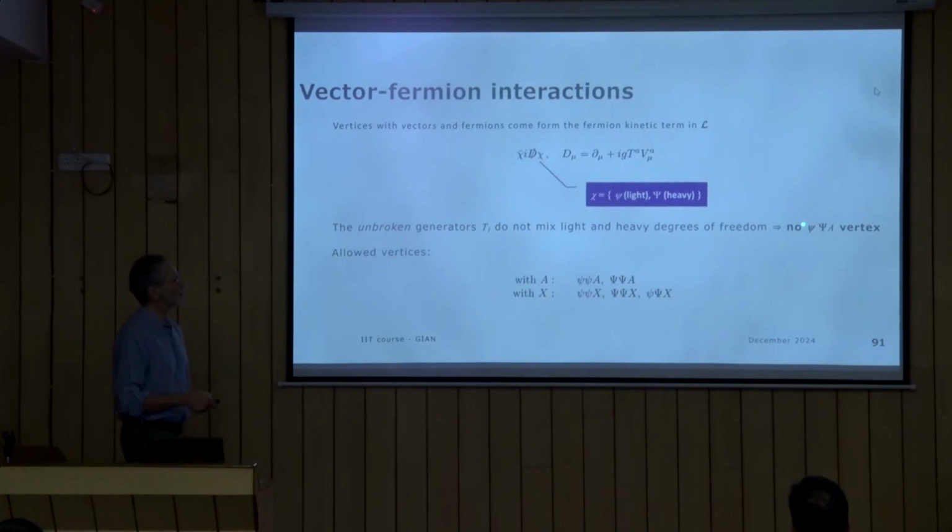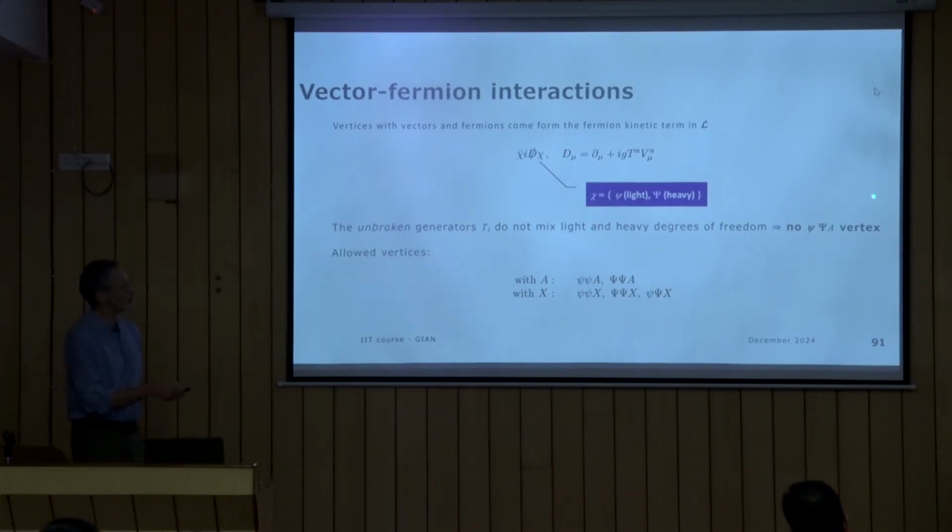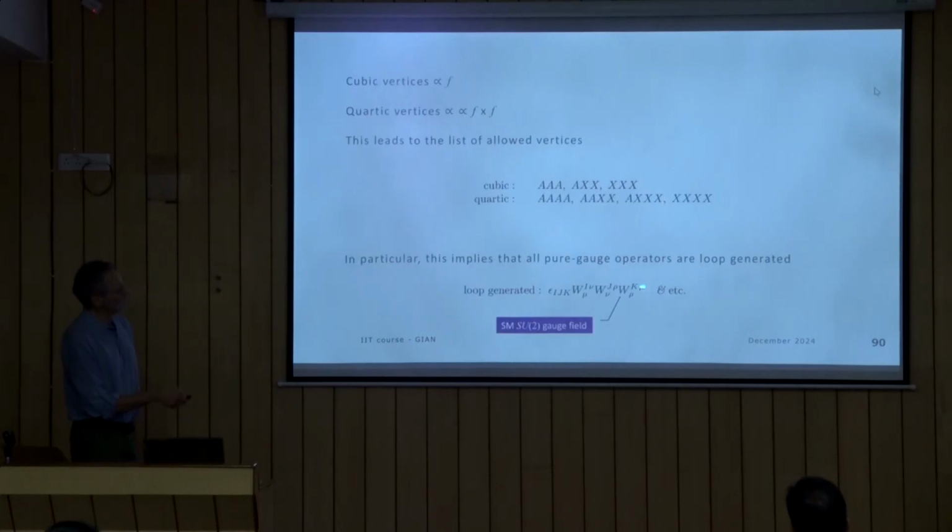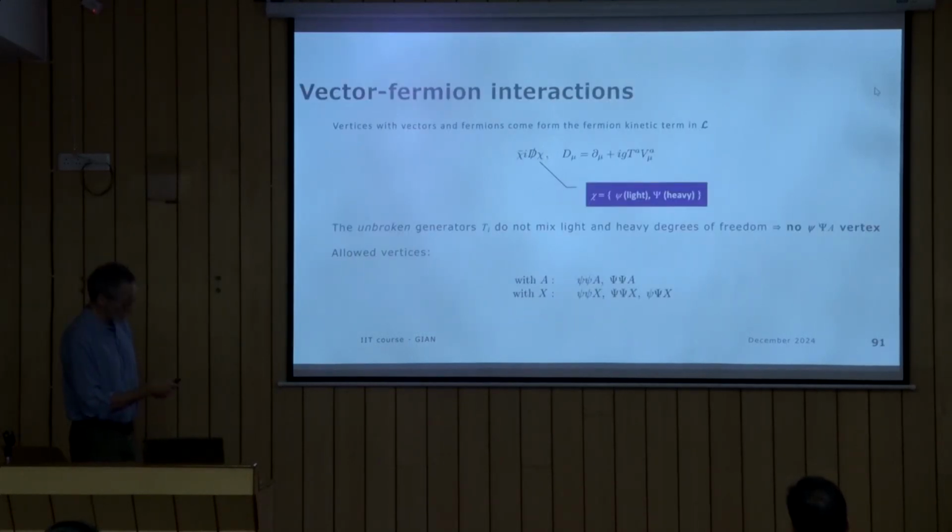Therefore, there will be no vertex that has one light, one heavy, and one light guy. I must have a light vector boson because this is a property only of the generators associated with light gauge bosons. And then this type of object is excluded. You can still have operators with 2 lights and 2 heavies, and you can have a mixed guy with a heavy guy, but you cannot have light, heavy, light.